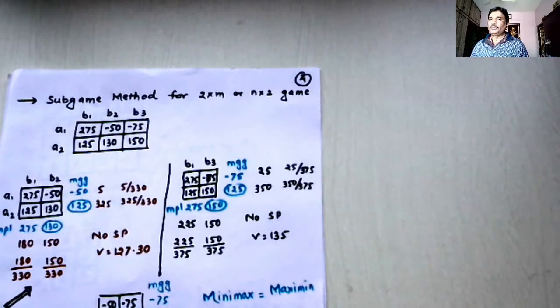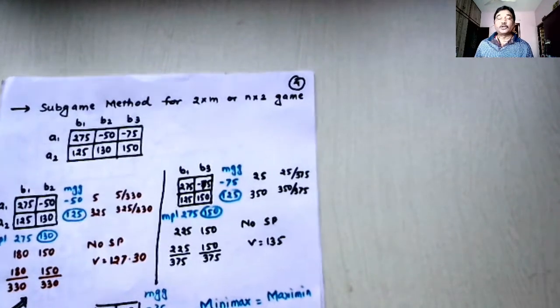So I'll be solving all these three games, because by doing this I can convert the game to many 2 by 2 games for which I know the method, right? So this is called the method of sub game.